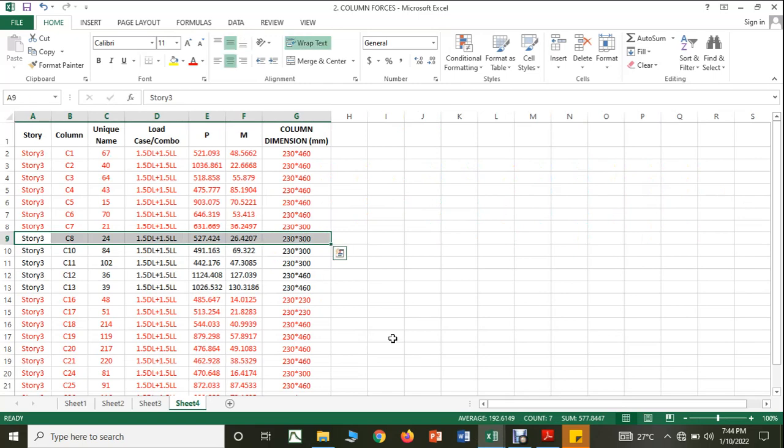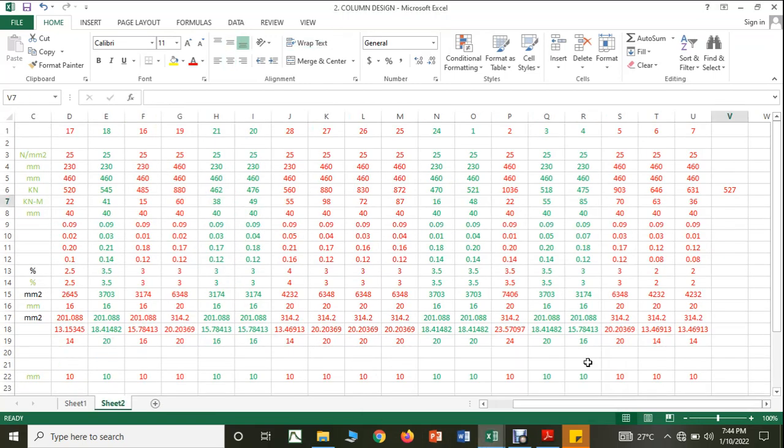It is 230 by 300, 25, column number 8, 40, 0.13 and 0.05.